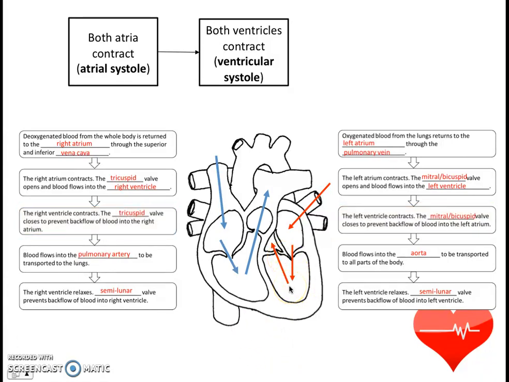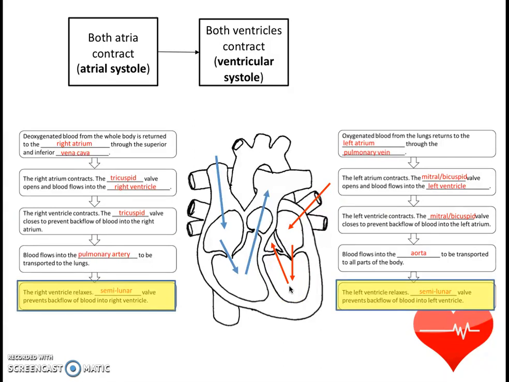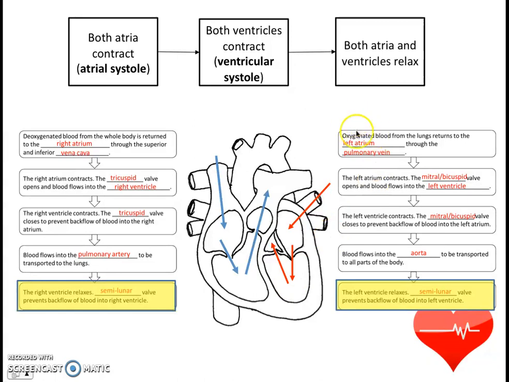And finally, both ventricles will relax together, also together with the atria. So the atria and the ventricles will all relax at the end. And there's a name for this. Later on you'll see, it's called diastole. They both relax and blood will again then flow into the atrium, from the body and from the lungs.